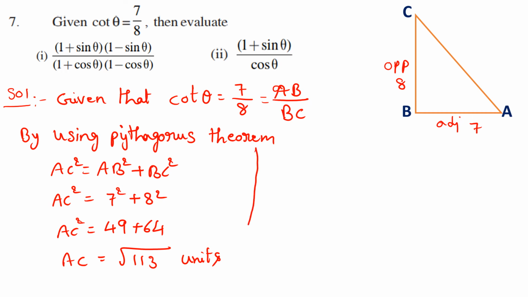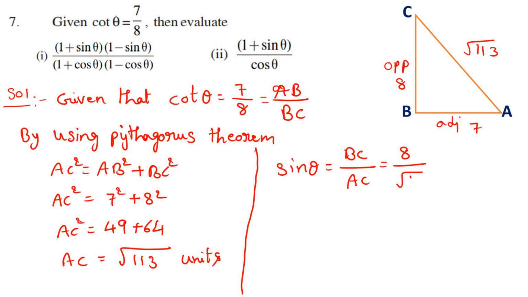Now sin theta equals opposite by hypotenuse, that is BC by AC, which is 8 by root of 113. And cos theta equals adjacent by hypotenuse, that is AB by AC, which equals 7 by root of 113.